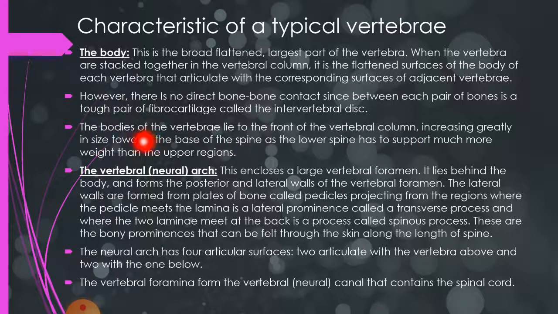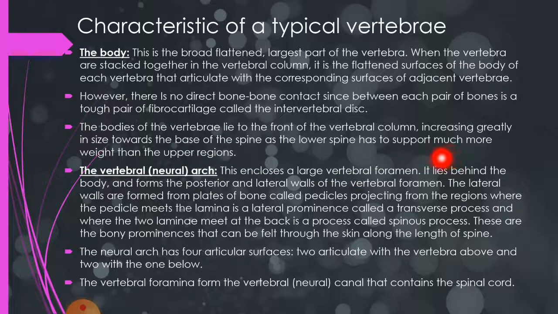So the body is basically the anterior part of your vertebral column, forming the front of your vertebral column, increasing greatly in size towards the base of the spine, as the lower spine has to support much more weight than the upper regions.